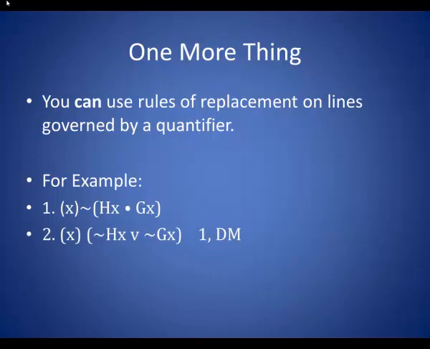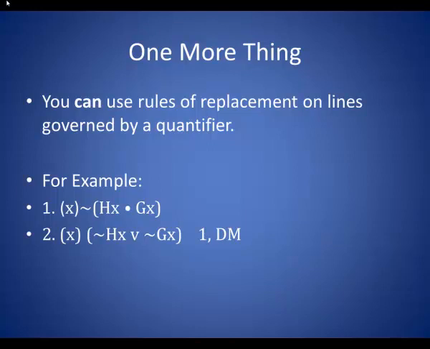So, for instance, I can use De Morgan's, and I can convert my negated conjunction that's on line 1 to a disjunct using De Morgan's. Remember, De Morgan's would tell me that if it's not the case x is h and x is g, then it is the case that x is not h or x is not g. Okay?